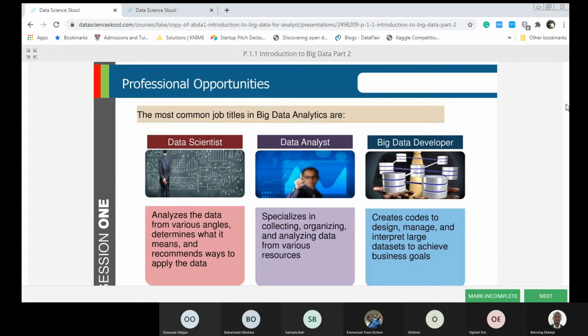The data scientist will need to know that machine learning has to do with predictive modeling. How do you take some data set and build a model, and based on that model, you can tell that a customer is going to behave in a particular way, or an entity is going to behave in a particular way, or the other way around? That is the job of a data scientist. I think beyond what an analyst can do and what a data engineer can do, a data scientist should be able to build predictive models.